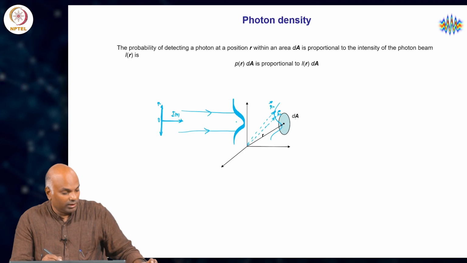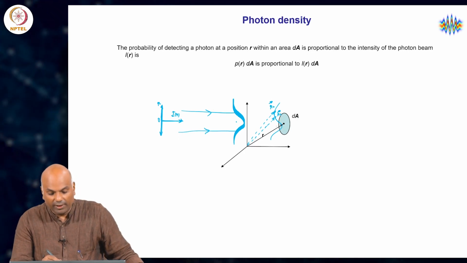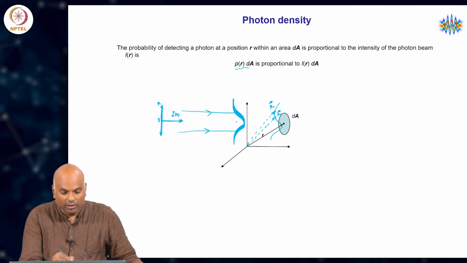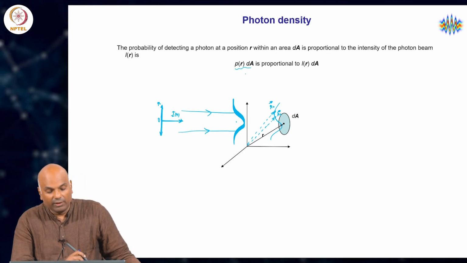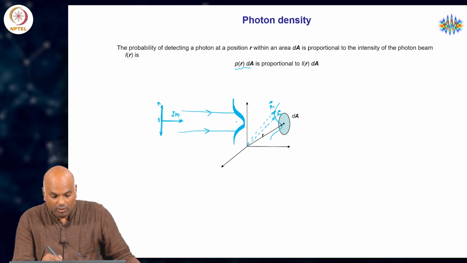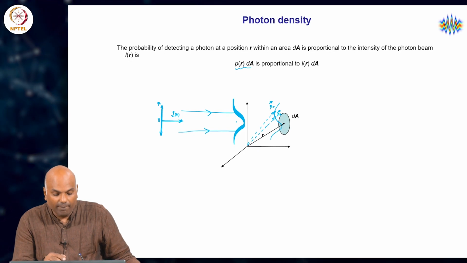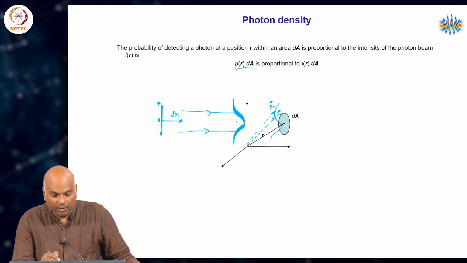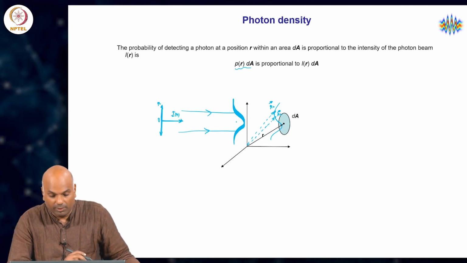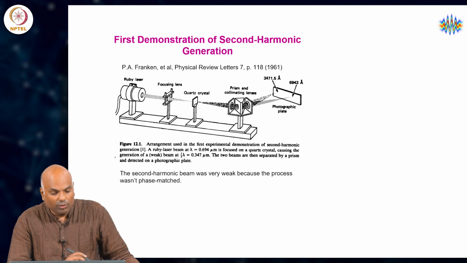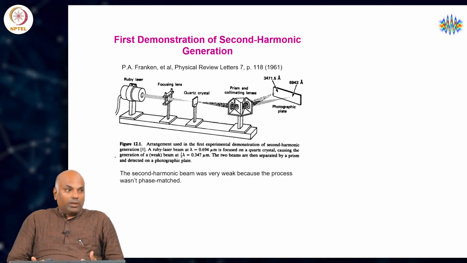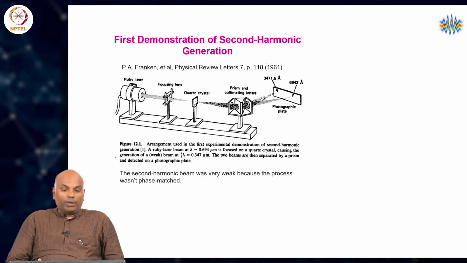If I consider a disk of area dA, then the probability of detecting the photon on a disk of area dA centered about a location r is proportional to the intensity. Okay. So, that is typically how we view this. We discussed the notion of intensity in some detail yesterday and how it applies to photoabsorptive phenomena, right.